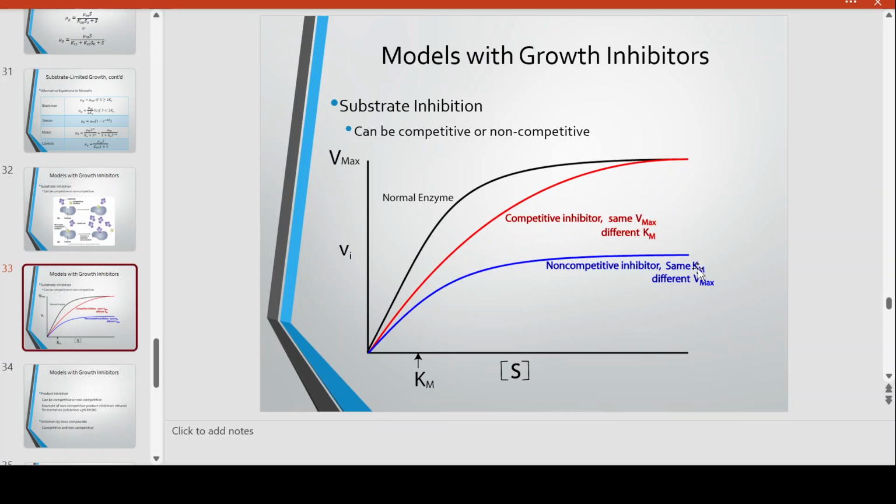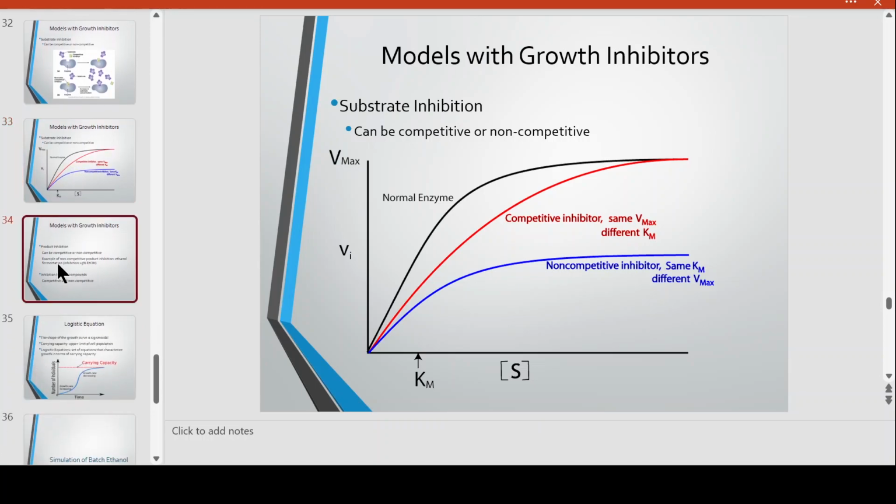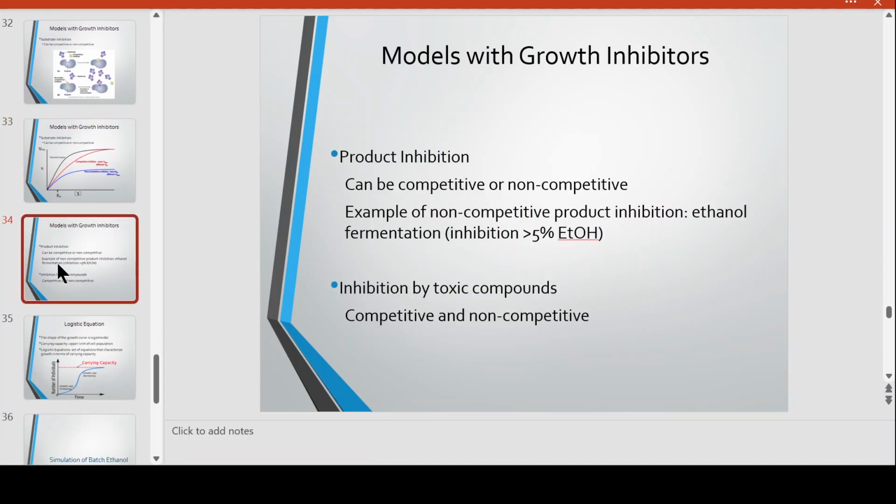This is basically a Michaelis-Menten model applied to the microbial growth model, provided you have growth inhibitors. The growth inhibitors can be the product of the cells themselves. Product inhibition is observed in some cells. They can be competitive or non-competitive.